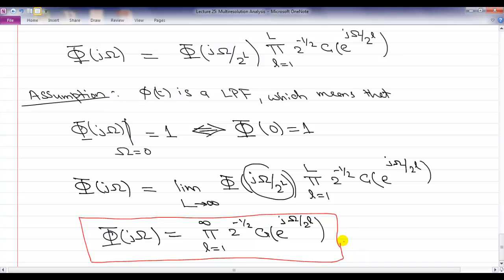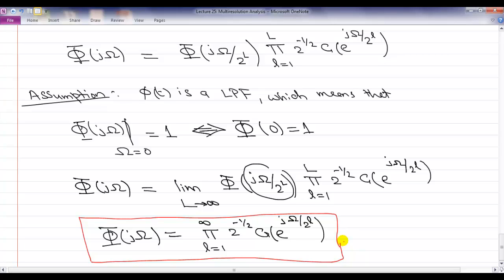And that filter gives rise to your scaling function. So when you do wavelet analysis and you read about it, there will always be discussion of the wavelet filter or scaling function filter. That is the filter that it is referring to.